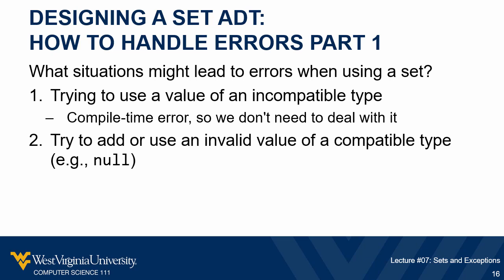Another scenario that can come up would be if we were trying to add an invalid value of a compatible type. So say I was trying to add the value null, which is a legal value for an integer. Or maybe I want to set it up so that my set can only take positive numbers, and I try to insert a negative number into my set.